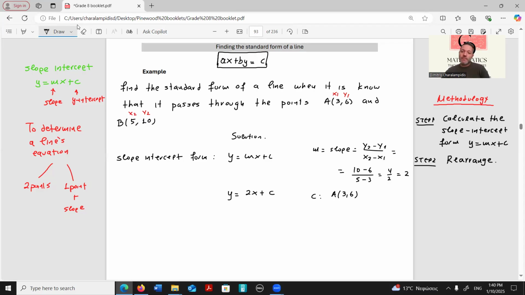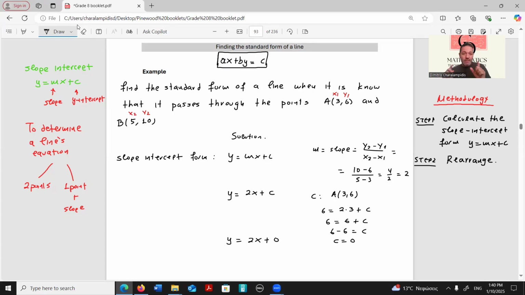So this means that 6 equals 2 times 3 plus c is true. So 6 is 6 plus c. So 6 minus 6 is c, which means that c is 0, which means that after all, we have y equals 2x plus 0.